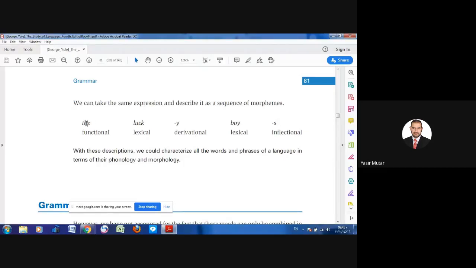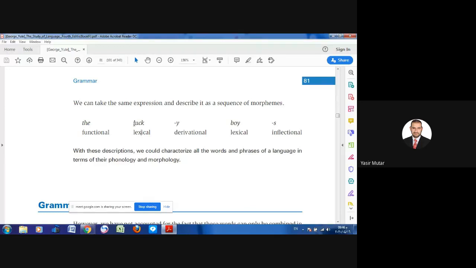This is a morphological description. The is a functional free morpheme. Luck, an adjective, lucky. So when a derivational morpheme is added to the lexical morpheme luck, we get lucky.